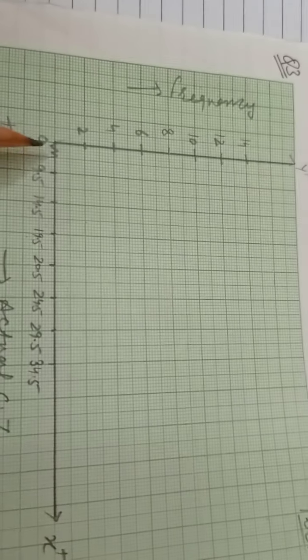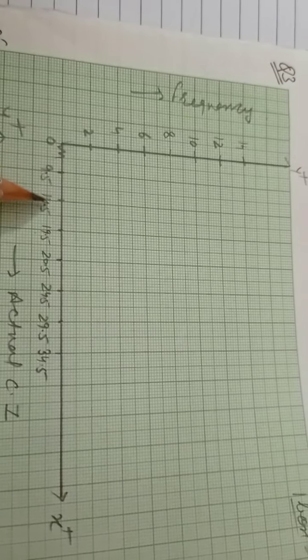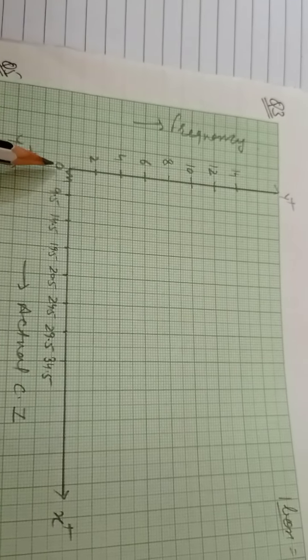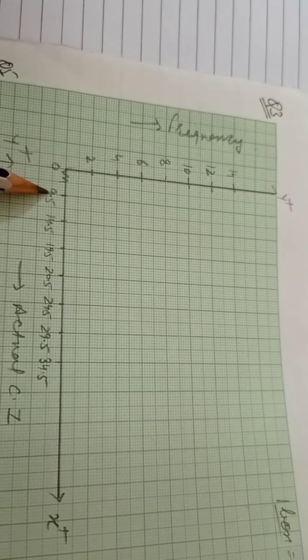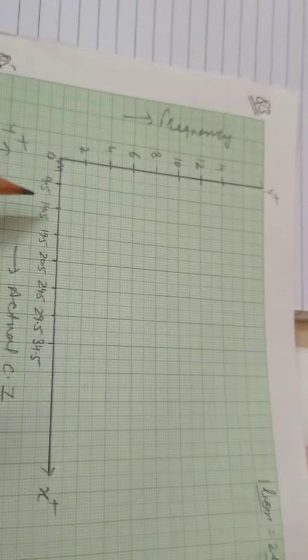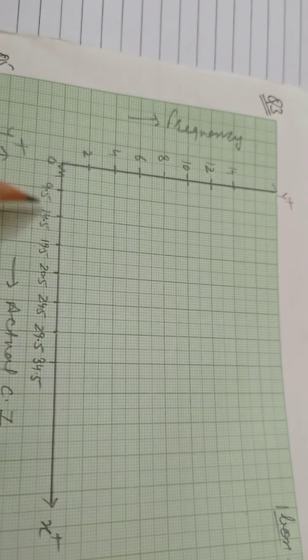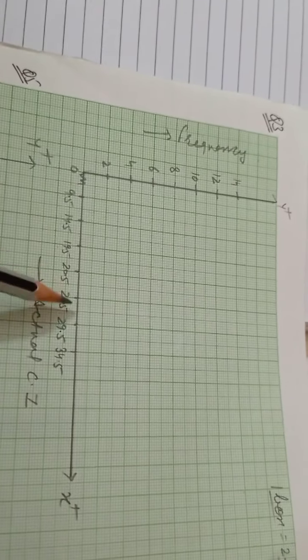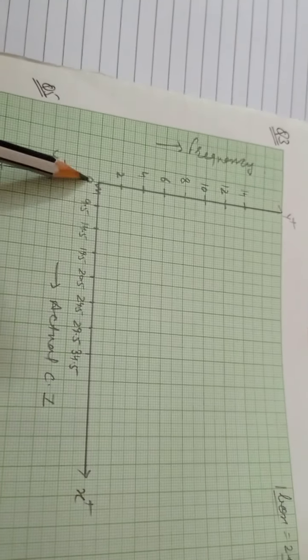Clear children? Now a very important concept I am going to tell you. Just see here, what is the difference between these two values? The difference between these two values is 9.5 and the difference between these two values is 5. Clear? When the gap is not the same, you can see the gap in each box is 5 except the first interval.